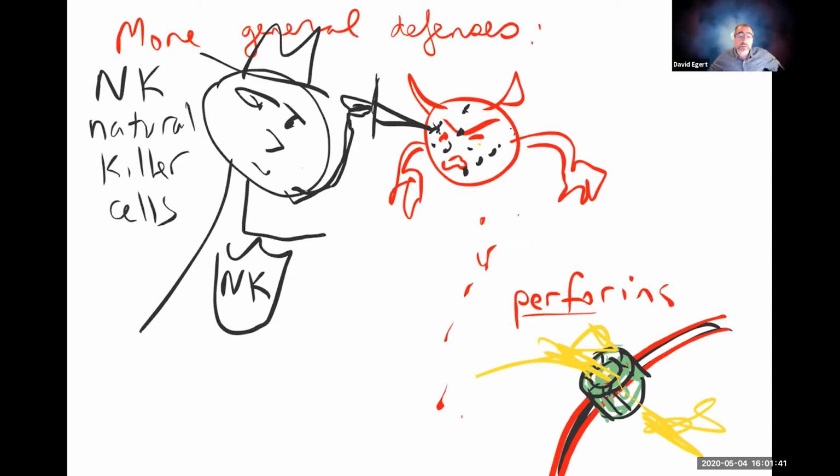So natural killer cells are recognizing things that don't look right. Often this kind of thing happens when you have cells, even your own cells, that are full of viruses or something and you have to take them out.